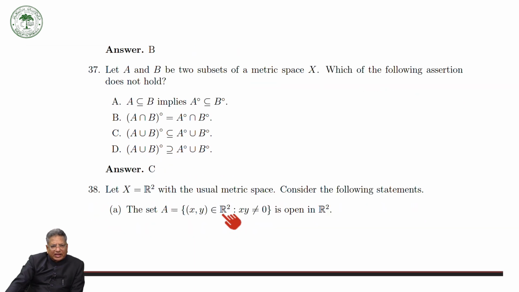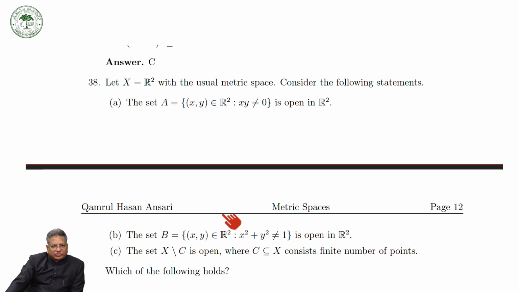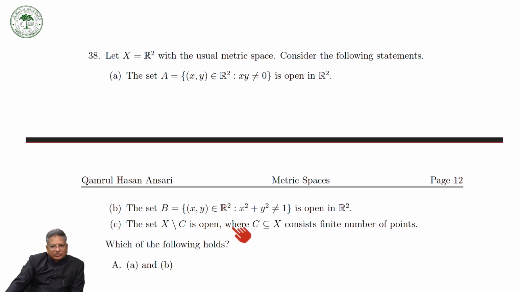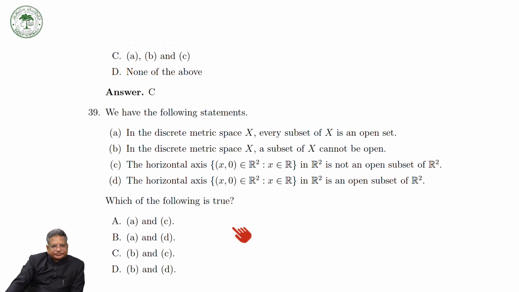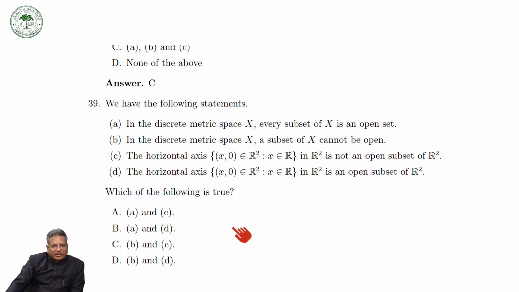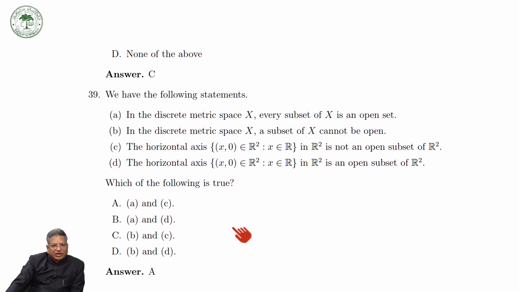In this question number 38, we have seen which of the following is not true. Now look at this statement: in the discrete metric space, every subset of X is an open set.